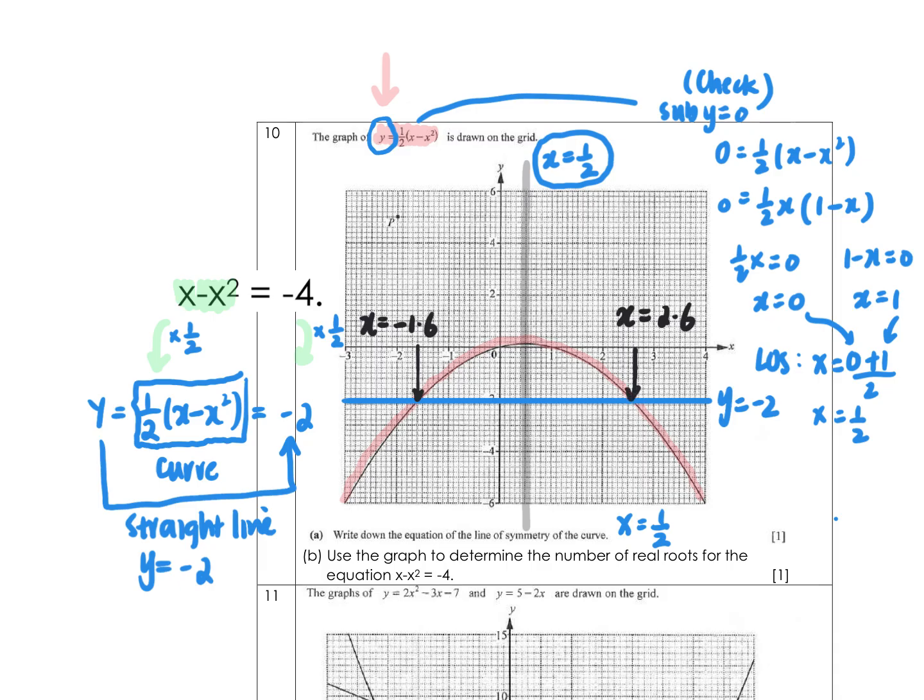Draw the line and see where it cuts your curve on the grid. Is it the same as mine? What do you have? Yeah, same. Okay, that means it's accurate. So your two solutions are this.